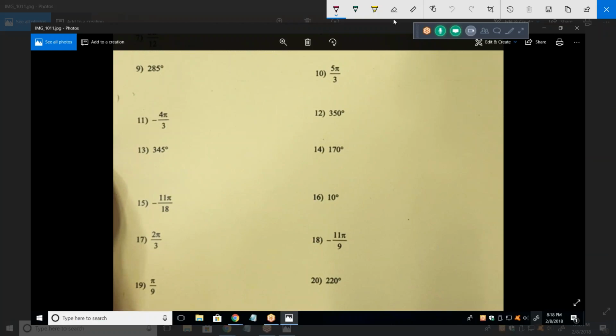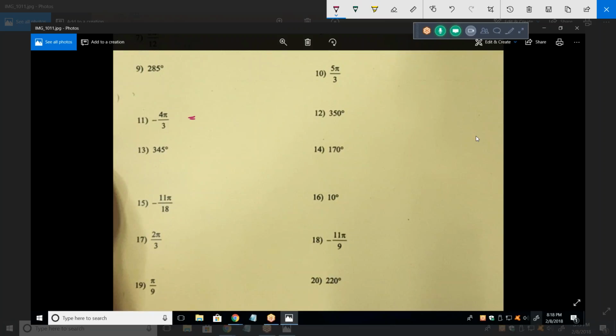Nothing special about negative signs. I mean, there actually is, but in terms of converting it to degrees, there isn't. Whatever the starting negative sign is, just continue it. What's pi over 3? 60. What's 4 pi over 3? 240.